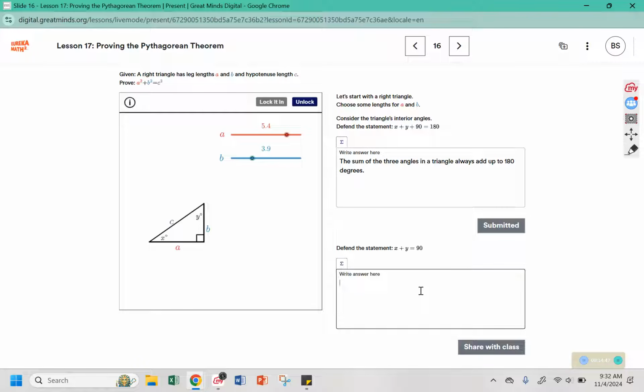So if we subtract 90 from both sides, we are left with this equation. We would remove the 90, and 180 minus 90 leaves us with 90.